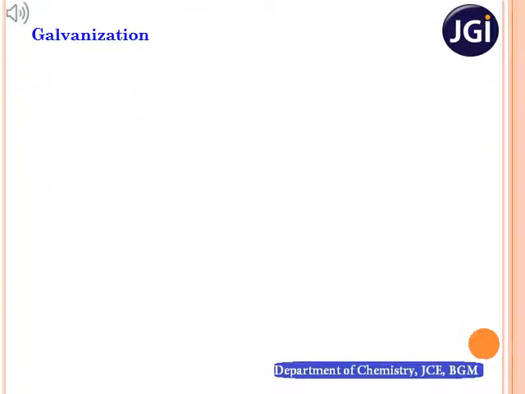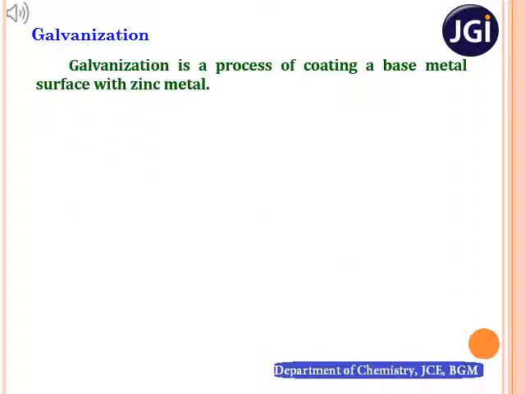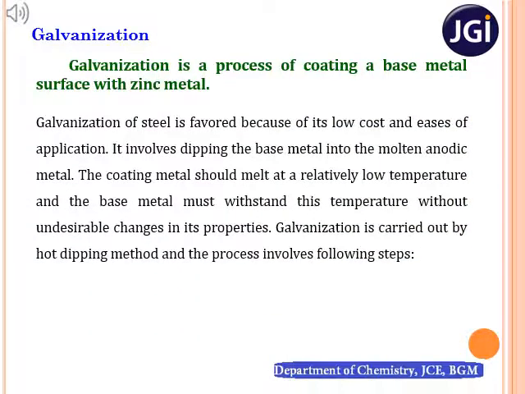The typical example of anodic metal coating is galvanization. It is a process of coating a base metal surface like iron with zinc metal. Galvanizing of iron or steel is more preferred because of its low cost and ease of application.